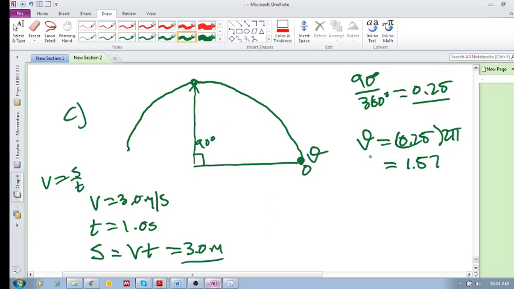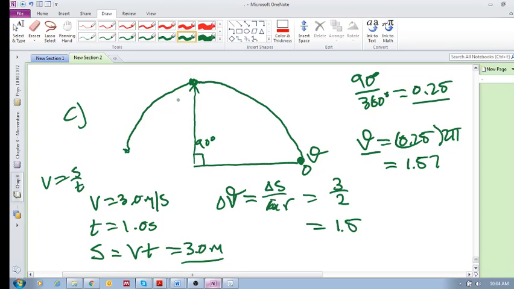So we're looking for, what's the question? I think we're looking for this guy. What is our delta theta from that point to that point? Well, we know that delta S, this is R, delta S is 3, R is 2, so this is 1.5.